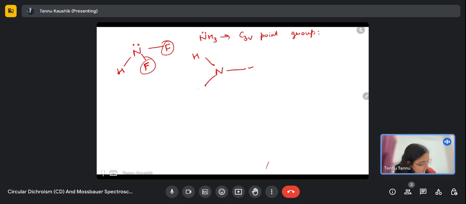So here we have fluorine atoms. Now, I'm representing it in a planar form, although these atoms are not in planar form, this is a pyramidal structure.